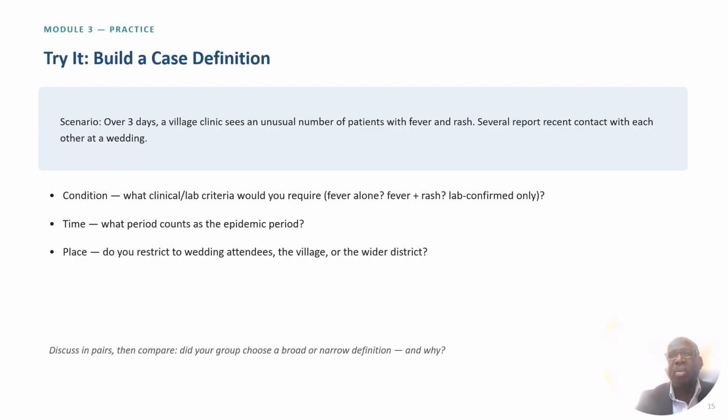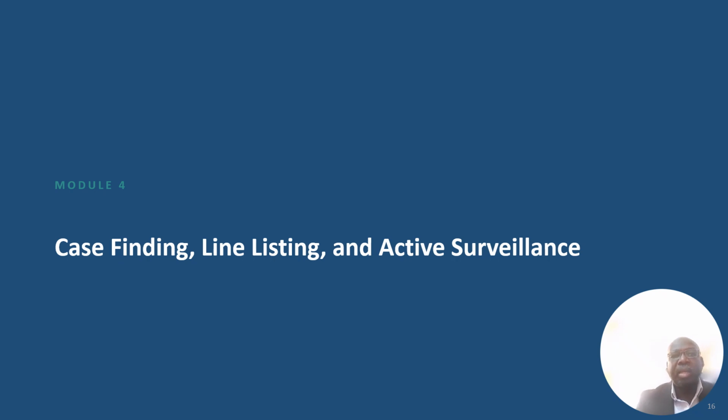We also have to decide how to get the lab confirmations, in terms of selecting the specimen types and collecting the samples, the time period, and places. Do you restrict to wedding attendees, since only those who attended the wedding will be considered here?